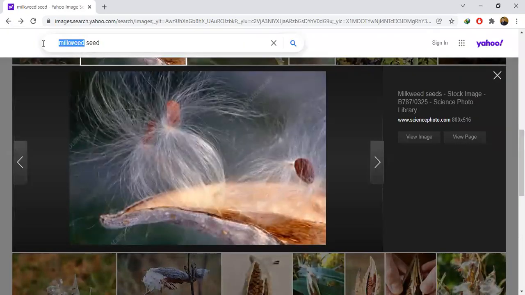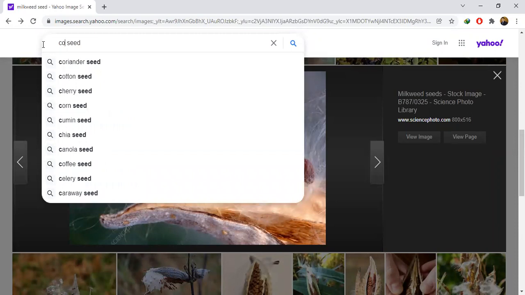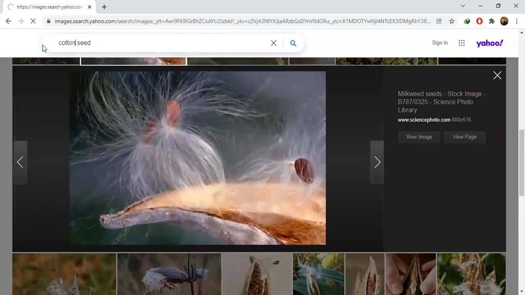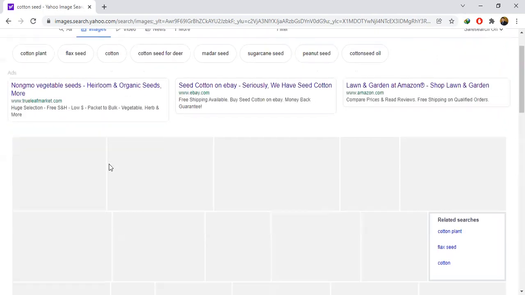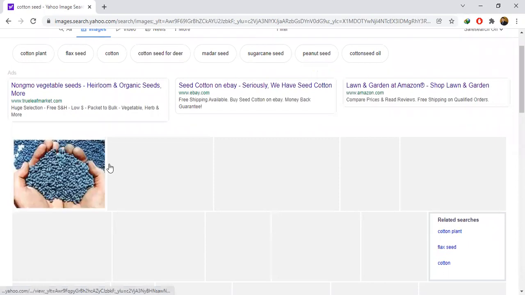Similarly, you can go for cotton seeds. In cotton seeds also, you can see a fine fiber.